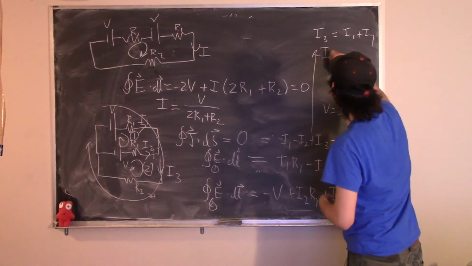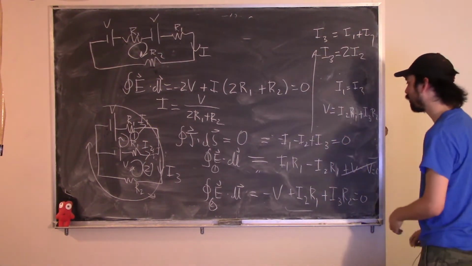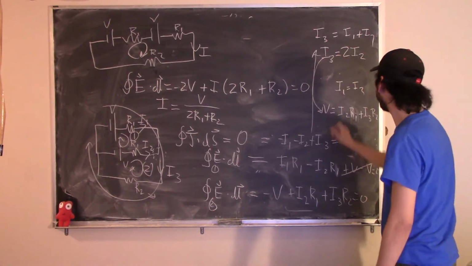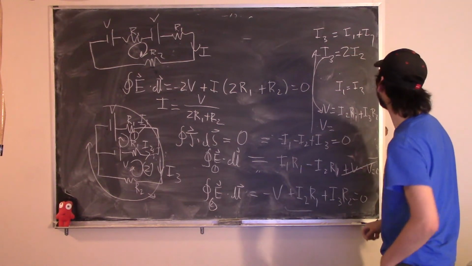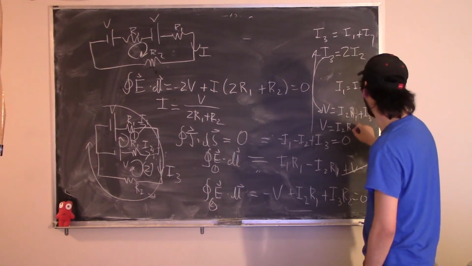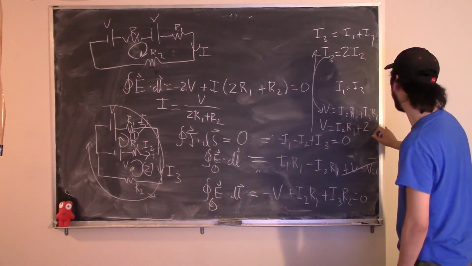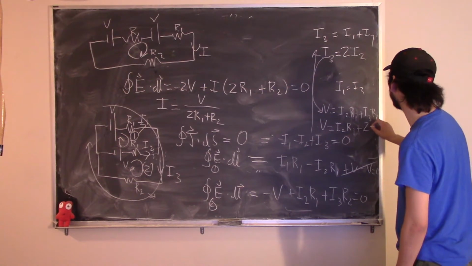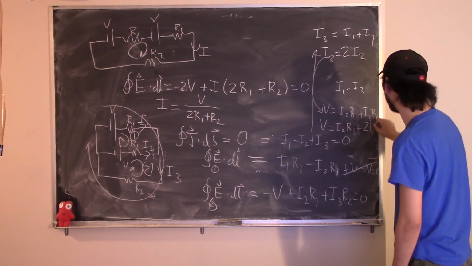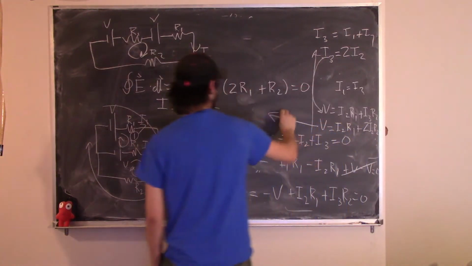So that says that I3 is going to be equal to 2 times I2, okay? And now that I have this, I can plug it into this equation. So when I do that, V is going to be equal to I2 R1 plus 2 times I2 times R2.